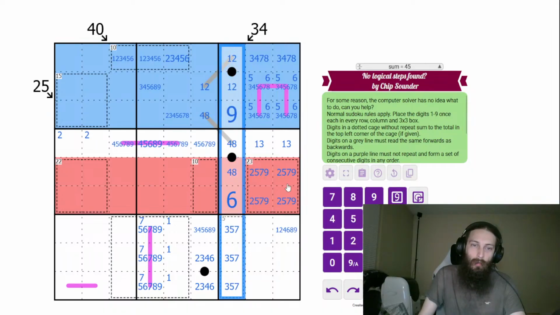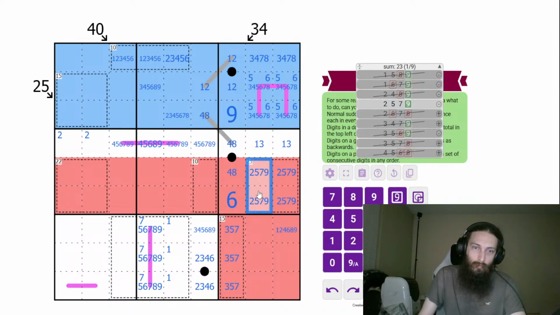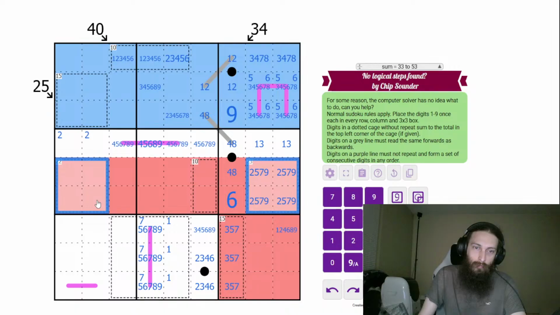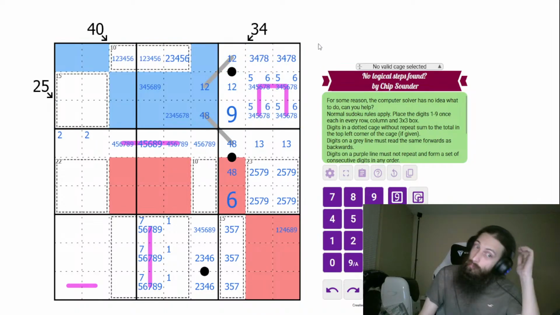Or wait, instead of double counting those, I could just do this box. Although I don't see how that helps.